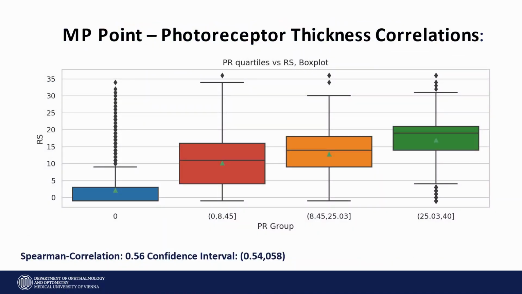So is this photoreceptor ratio and the photoreceptor representation real and relevant? Yes, we did a point-to-point correlation with microperimetry and could clearly show that retinal sensitivity correlates in a consistent and linear fashion with photoreceptors.